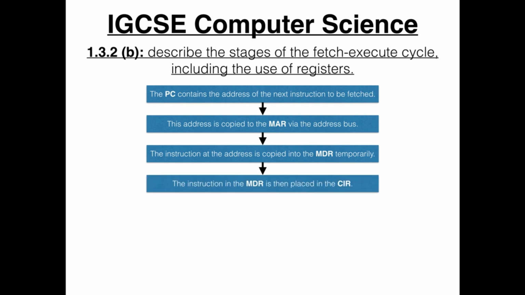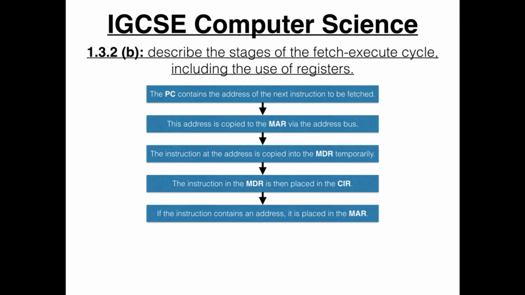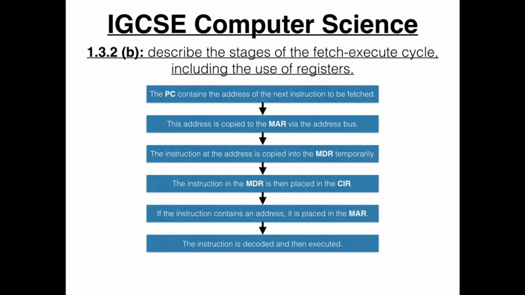The instruction in the MDR is then placed in the current instruction register, the CIR, which contains the current instruction being processed. If the instruction contains an address, it is placed in the MAR. The instruction is then decoded and executed. This is done by signals being sent out via the control bus to the components of the CPU.